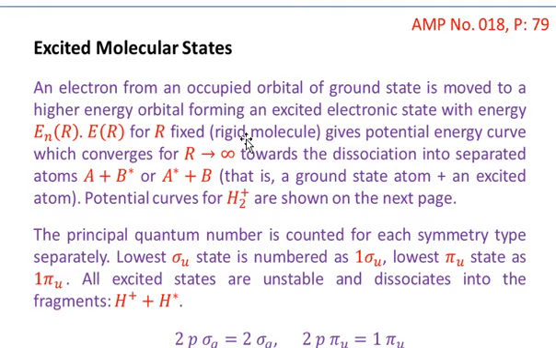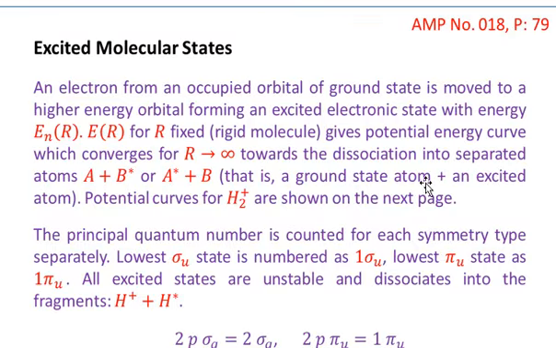Excited molecular states. An electron from an occupied orbital of the ground state is moved to a higher energy orbital, forming an excited electronic state with energy E_n(R). E(R) for R fixed, that is for a rigid molecule, gives a potential energy curve which converges, as R goes to infinity, towards the dissociation into separated atoms A plus B star or A star plus B, where B star is the excited atom and A star is also the excited atom.